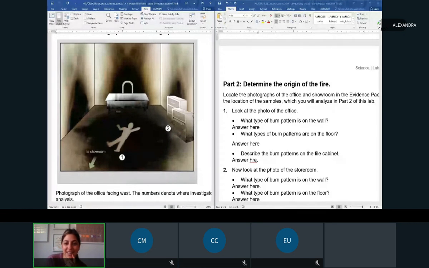What do you think, Courtney? Okay, that's okay. I think it's upside down cone or V. I could see either.